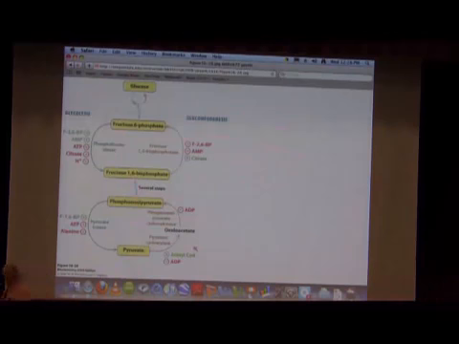Reciprocal regulation occurs, and I'm going to give you a formal definition now. I mentioned what it was like the other day, but this is a real definition. Reciprocal regulation occurs when the same molecule has opposite effects on catabolic and anabolic pathways.